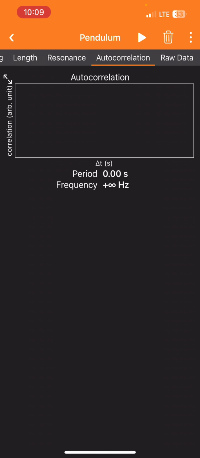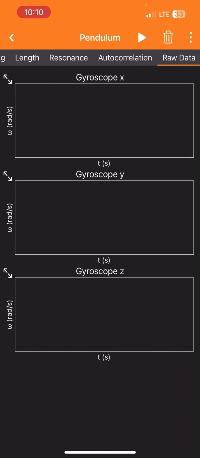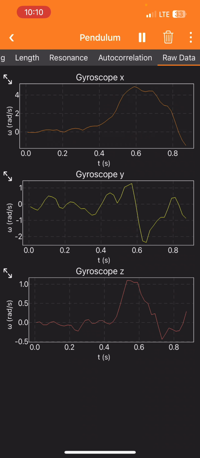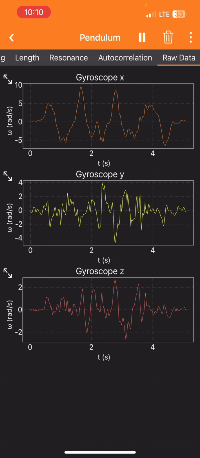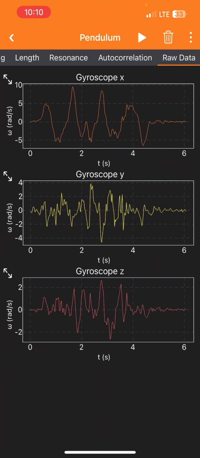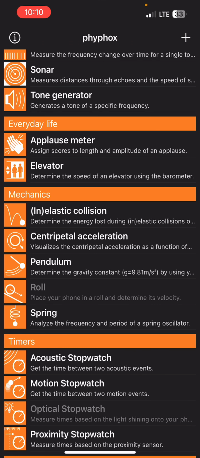And once you start swinging it, you can see exactly what happens. Here, I can demonstrate really quick. As you swing it back and forth, you see the different axes and how they change, which detects the rotational motion, which is useful for things like pendulum swings.